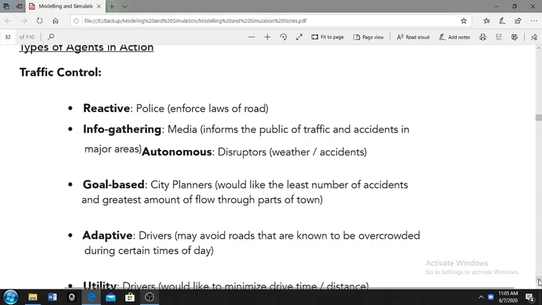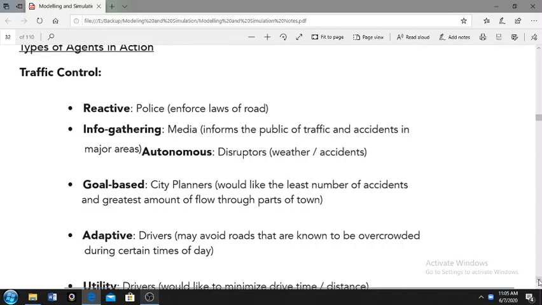it has different agents. It can have reactive agents like the police. They are reactive because they enforce the law. Policemen. You can have info gathering like media. They inform the public of the traffic and incidents. This is an info gathering agent. So the media play the role of info gathering.